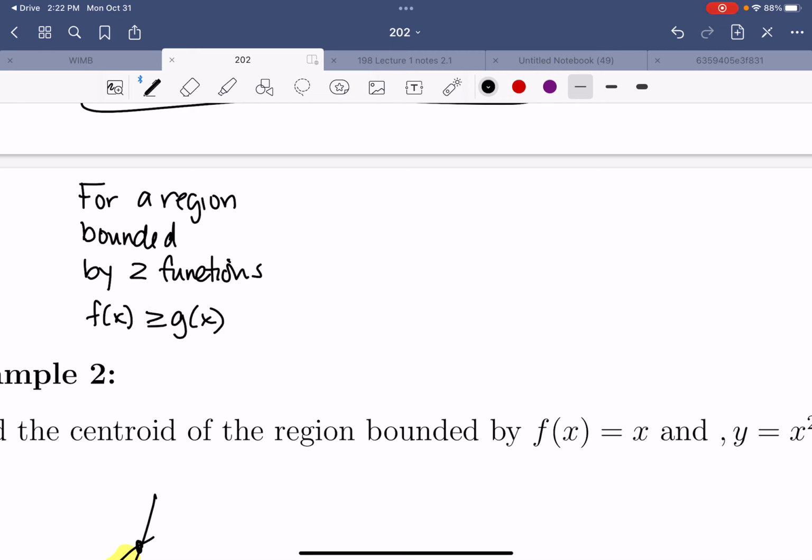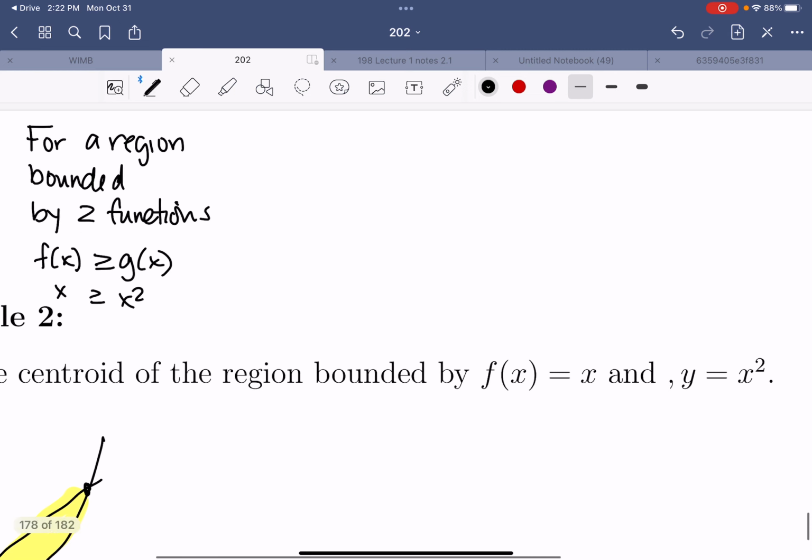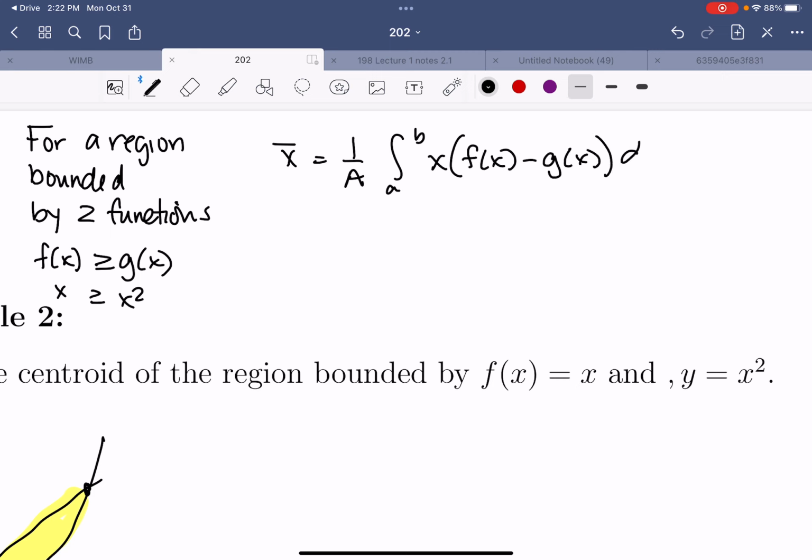In this case, we're thinking about our x being greater than or equal to x squared, right? So what do they look like? Well, x bar, the adjustment that we make here is 1 over a, integral from a to b, and I'm just going to take x times, and I'm going to subtract the two functions. So top minus bottom, f of x minus g of x, just like we did with area.